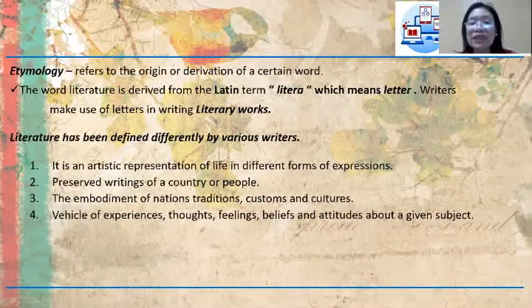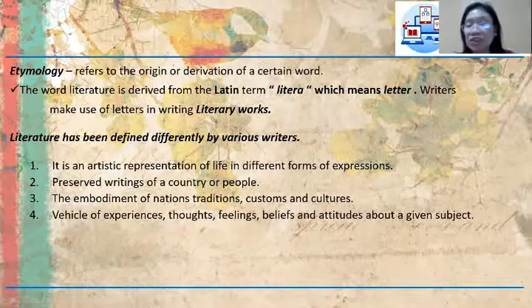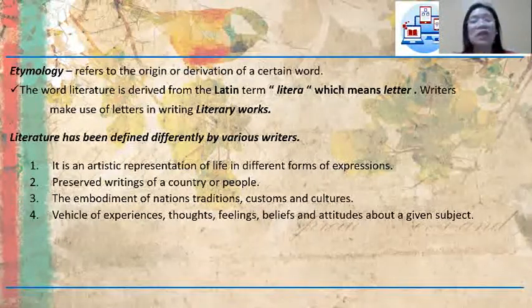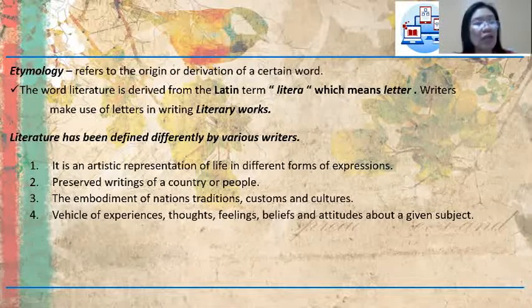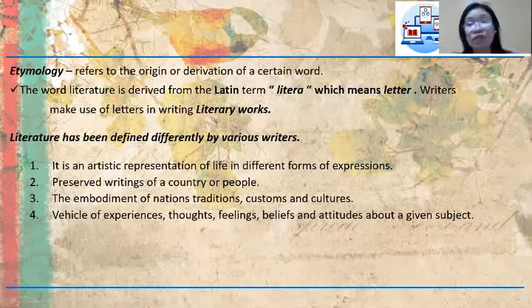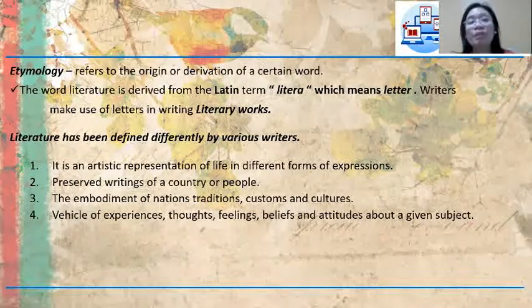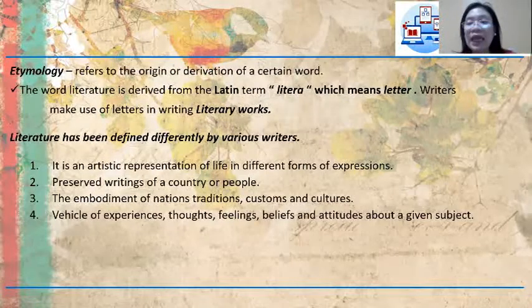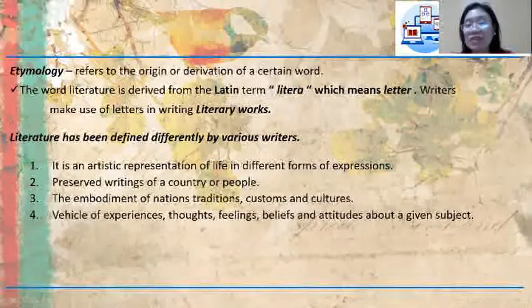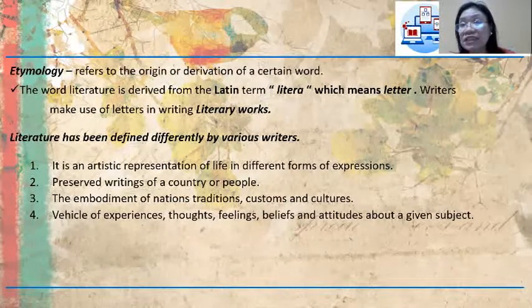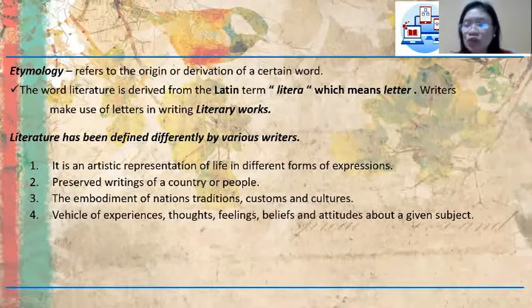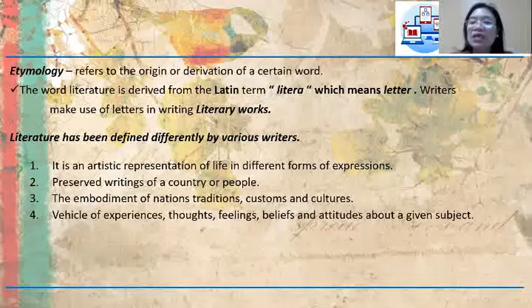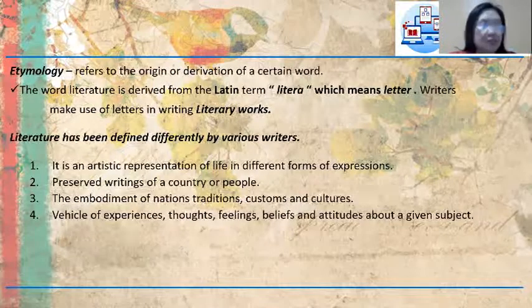It is also defined as the embodiment of nations' traditions, customs, and cultures. This is the collection of creative writings of a particular nation, of a particular group, culture, language, or period in history. And lastly, it is a vehicle of experiences, thoughts, feelings, beliefs, and attitudes about a given subject or topic.